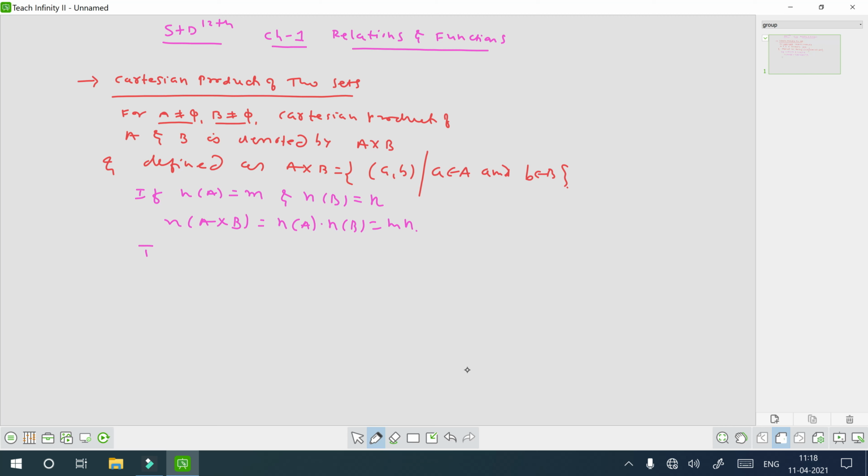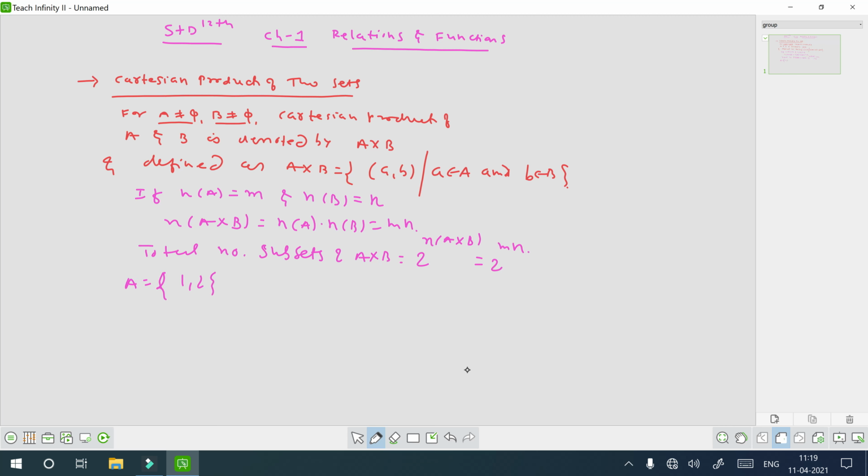And the total number of subsets of A cross B is equal to 2 raised to n(A cross B), which is 2 raised to mn. We got the total number of subsets of A cross B. Clear? This is the concept of Cartesian product.